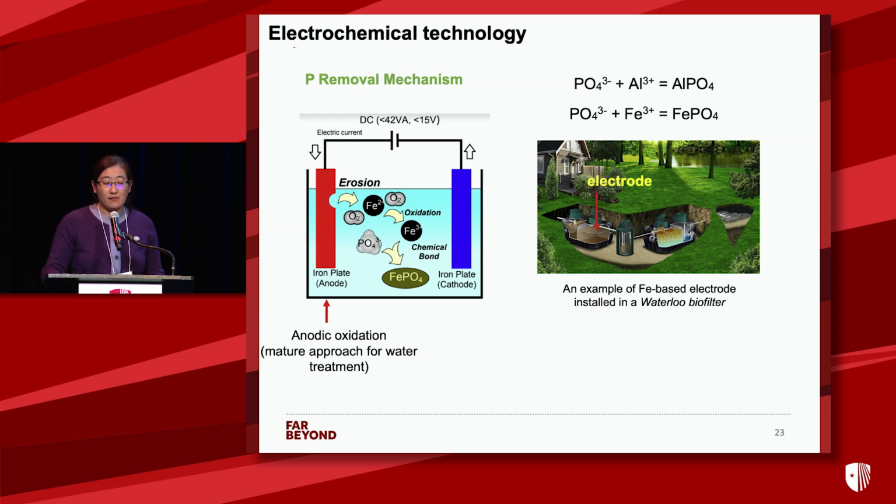The ferrous iron, Fe2+, will be released from the anode. And when oxygen is present in the water, together with the phosphate, they will precipitate phosphorus out of the wastewater. There are already commercial products available. People are using different electrodes such as aluminum, iron, or other metals, basically following the same mechanism for precipitation. They can install it into the current on-site system in the septic tank.